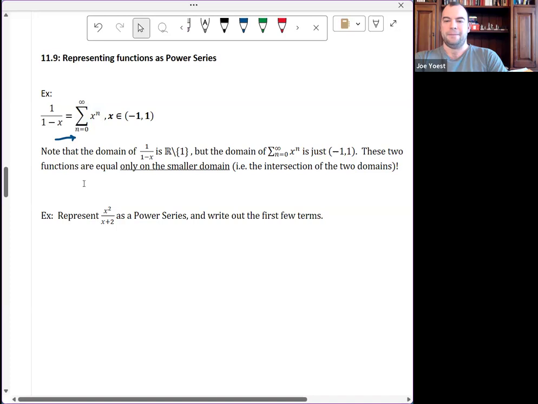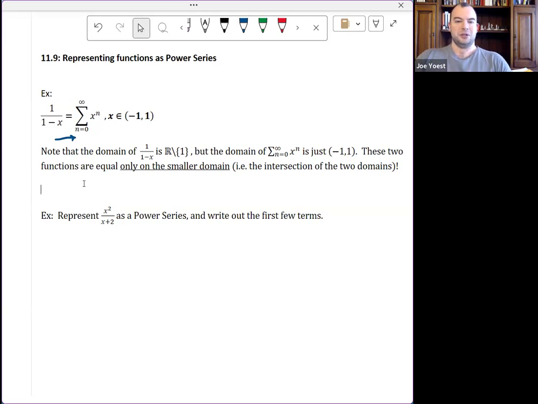So when we represent functions as power series, we have to be very careful about the domain of the algebraic function that we start with, and the domain of the power series that we're representing it as. That equality is only true on the intersection of those domains, where both sides agree to take that input.